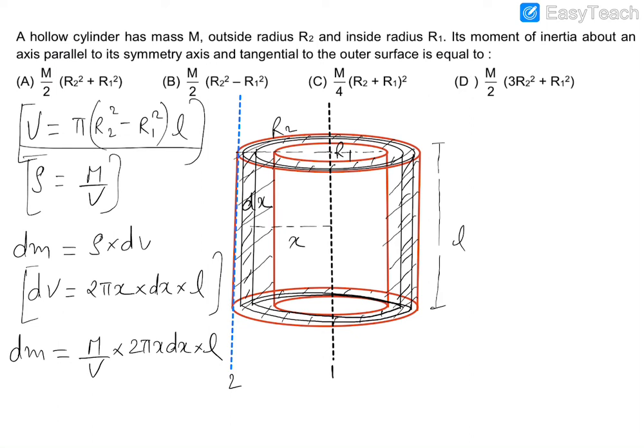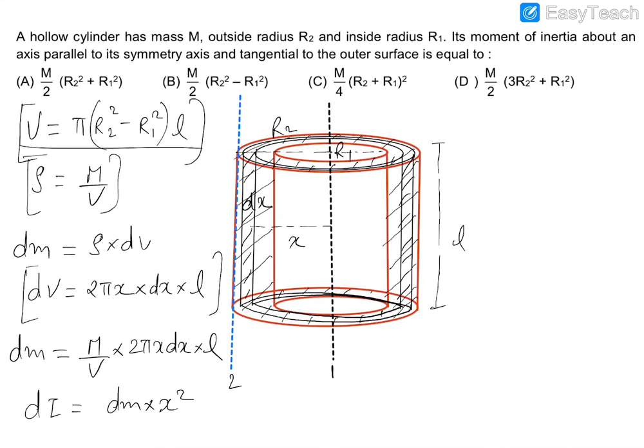Now we know that this element is a hollow cylinder and the moment of inertia of a hollow cylinder about its central axis is mr square. So dI is the moment of inertia of this elemental cylinder, and dI would be equal to dm into x square, where x is its radius.